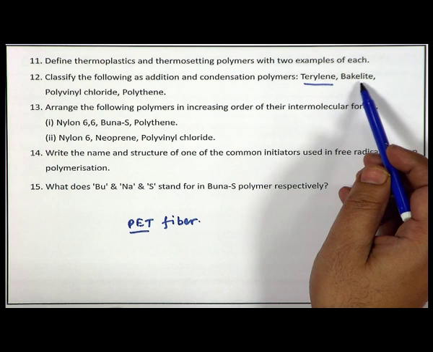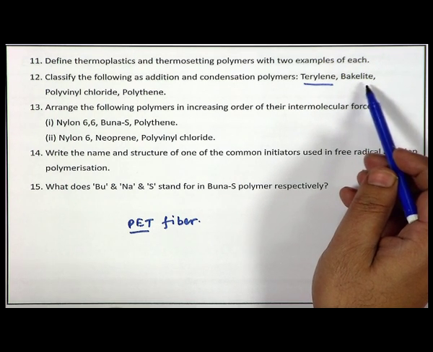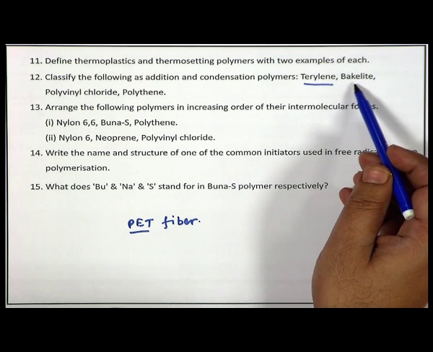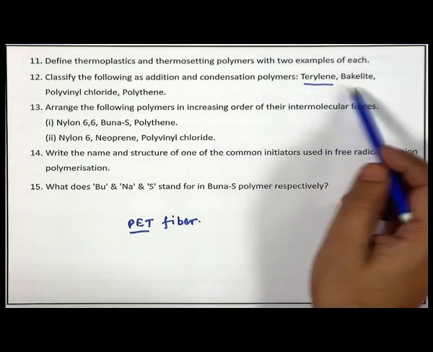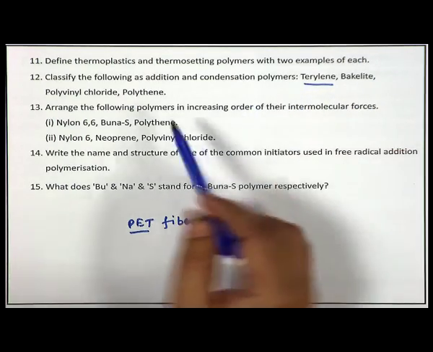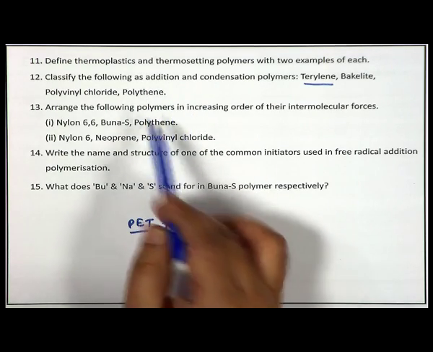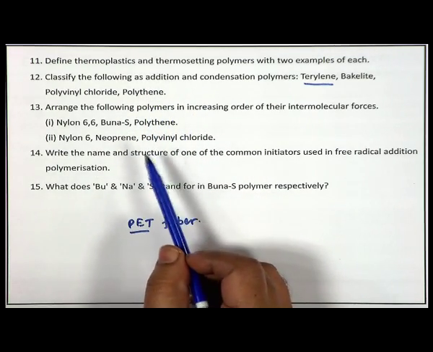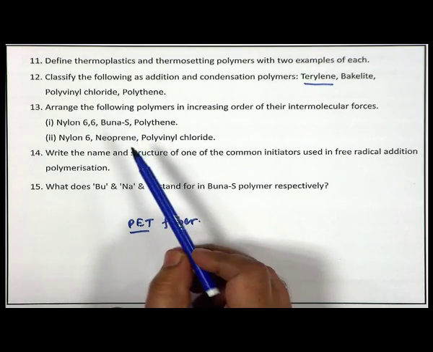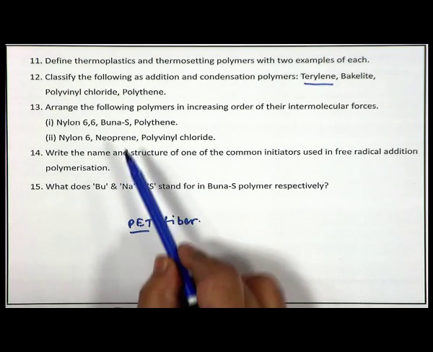Bakelite, again we will probably discuss more after a few minutes, so it will be again condensation. Polyvinyl chloride and polyethylene are addition polymers. As you can see, they are just formed by adding the monomers one after one.